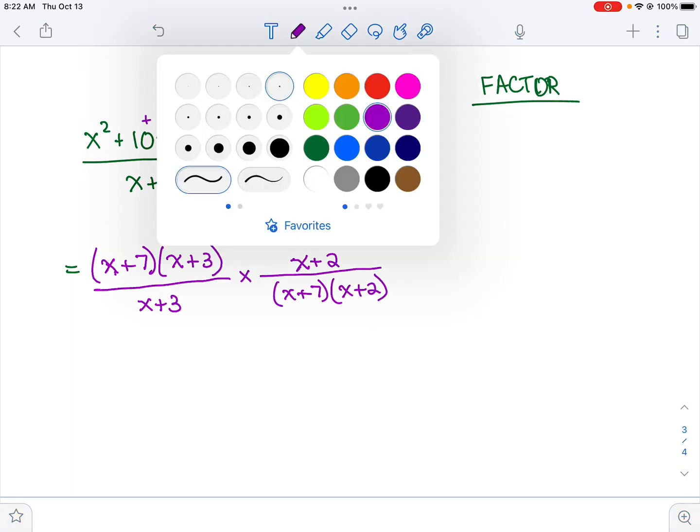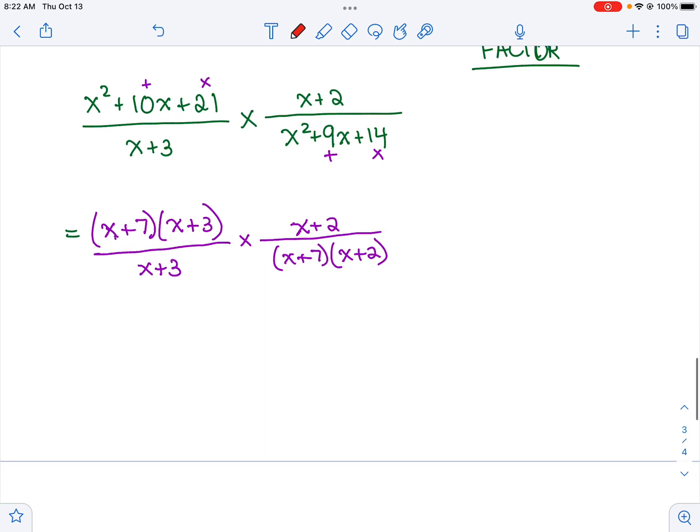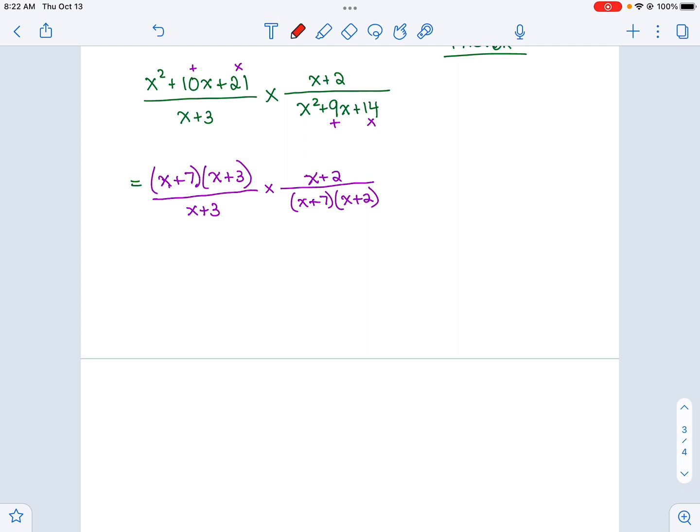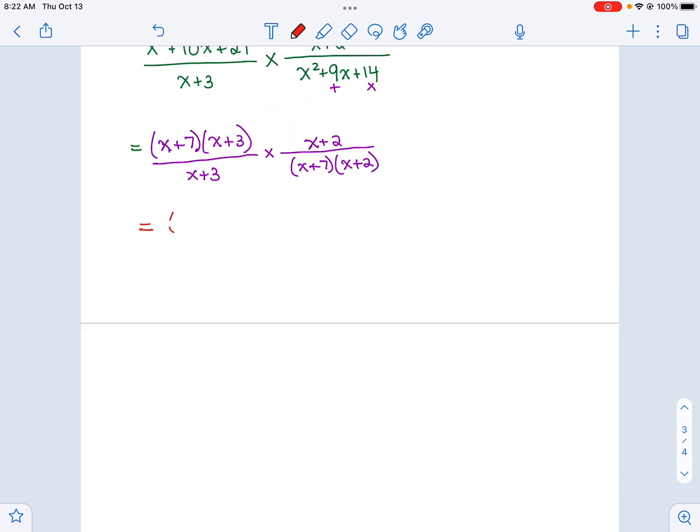So now I'm going to go around and cancel everything. When you're multiplying, I could actually put these all in one fraction together. I could write this as x plus 7 times x plus 3 times x plus 2, and the whole thing divided by x plus 3 times x plus 7 times x plus 2.